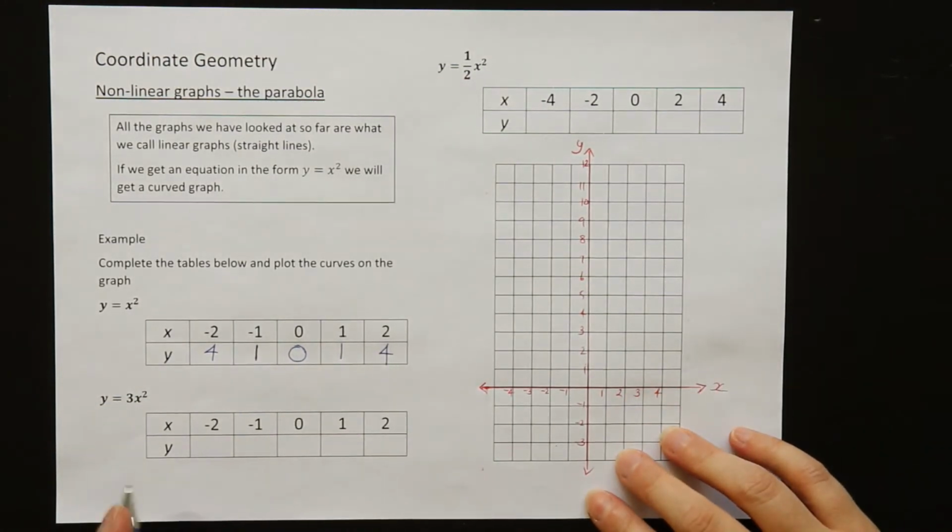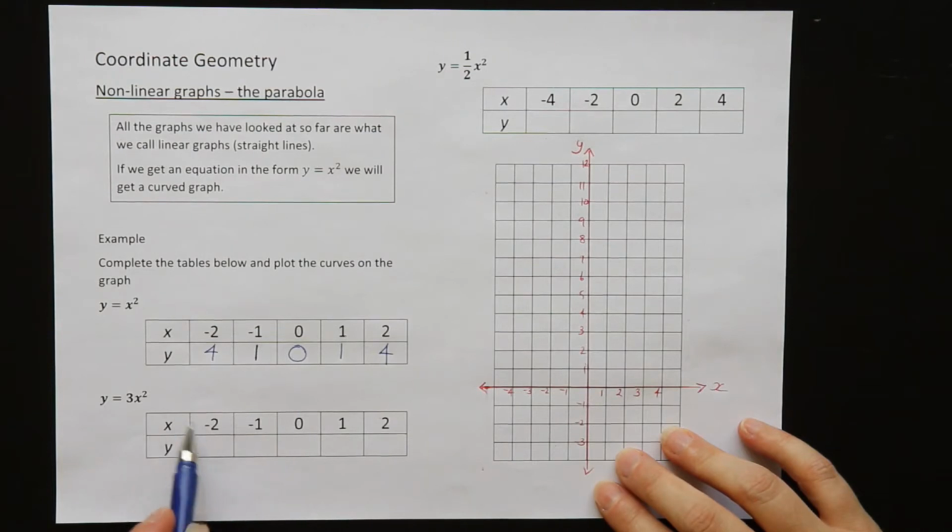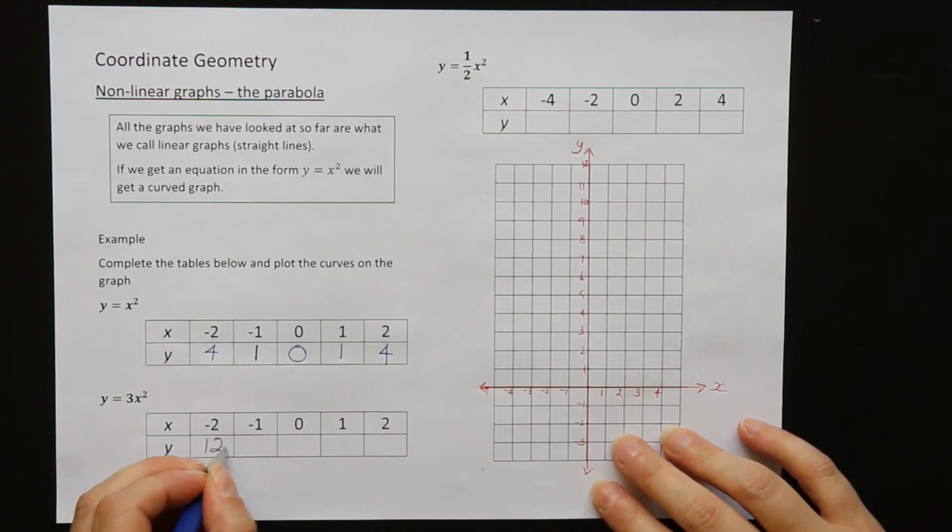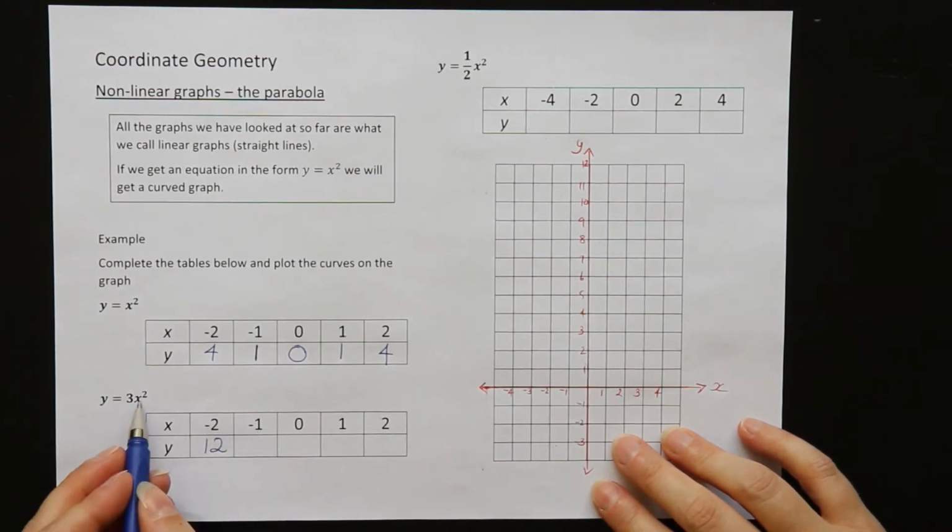Okay, while we're completing tables, let's do the next one. y is equal to 3x squared. First of all, substitute the minus 2 in for the x. Minus 2 times minus 2 is positive 4, and we have to times that by the 3 to get 12. Now let's substitute in the negative 1.